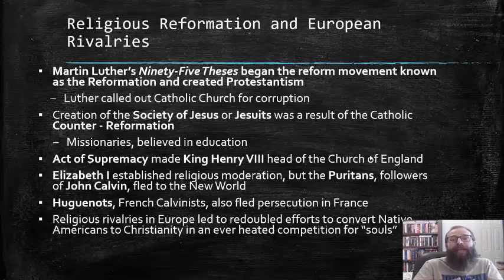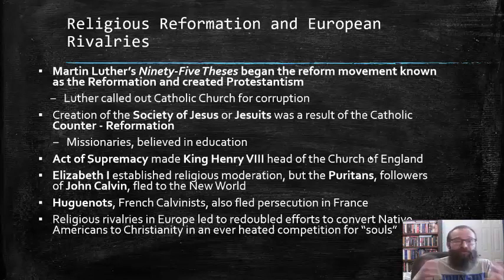Luther called out the Catholic Church for corruption, particularly the sale of indulgences, which were basically like get-out-of-hell free cards that parishioners could purchase from priests in order to absolve themselves from sin. But of course, these purchases greatly enriched the Catholic Church.